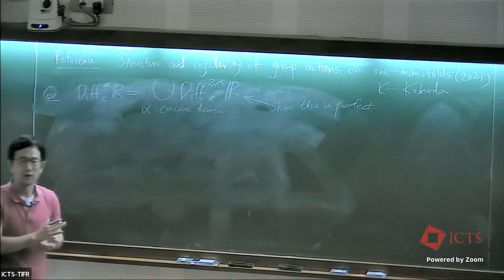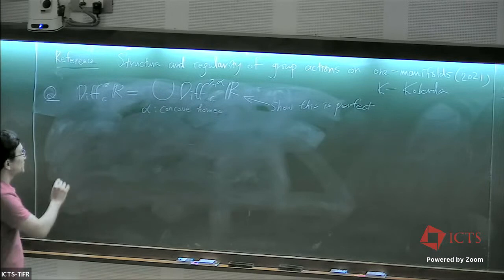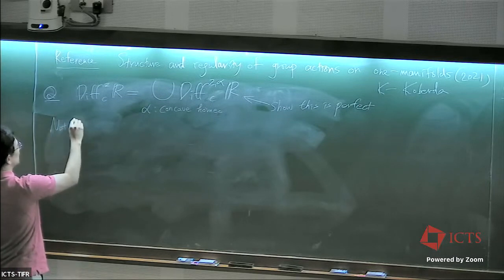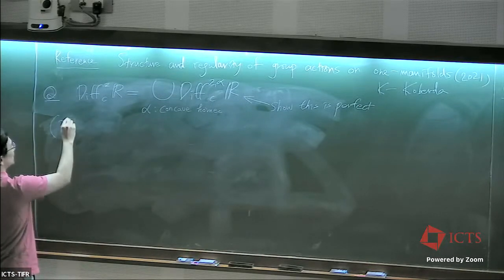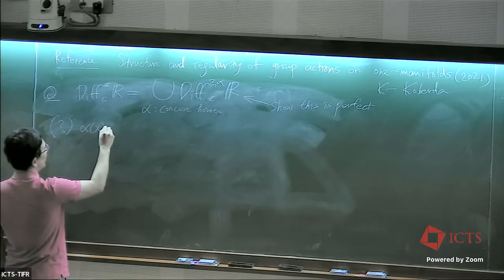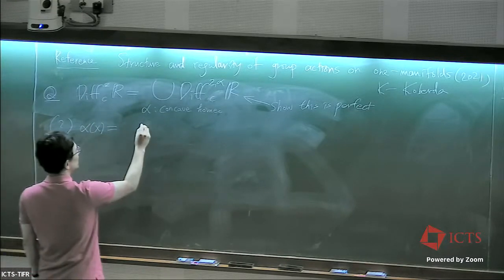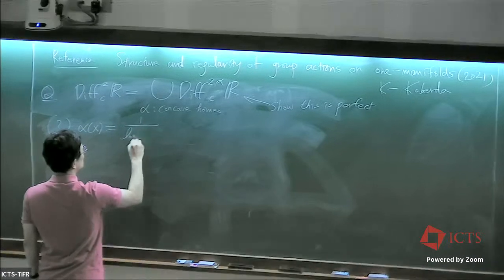And this is true when alpha is Hölder continuous, but what is not known is, I'll just abbreviate with a question mark, say alpha of x is a very large concave modulus of continuity, such as 1 over log 1 over x.